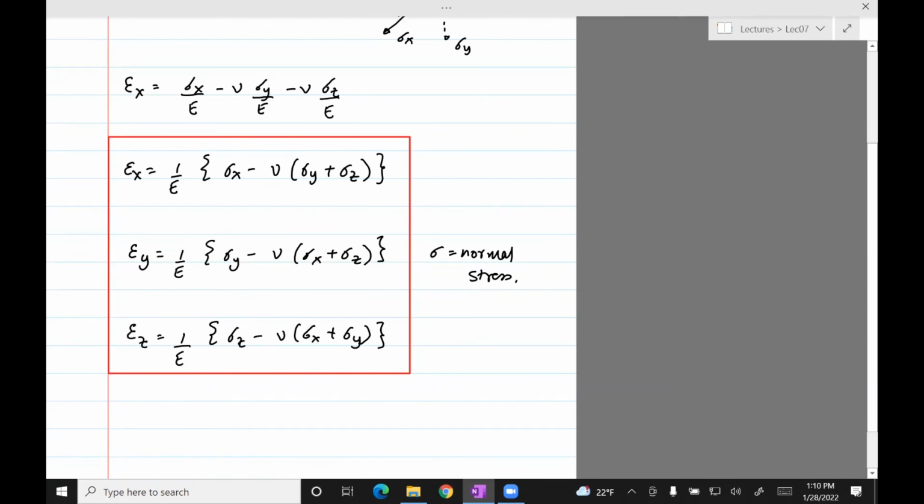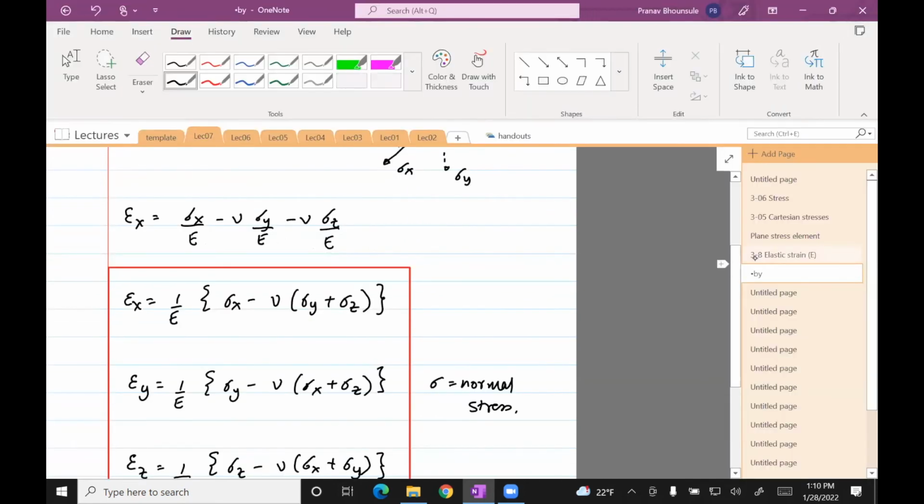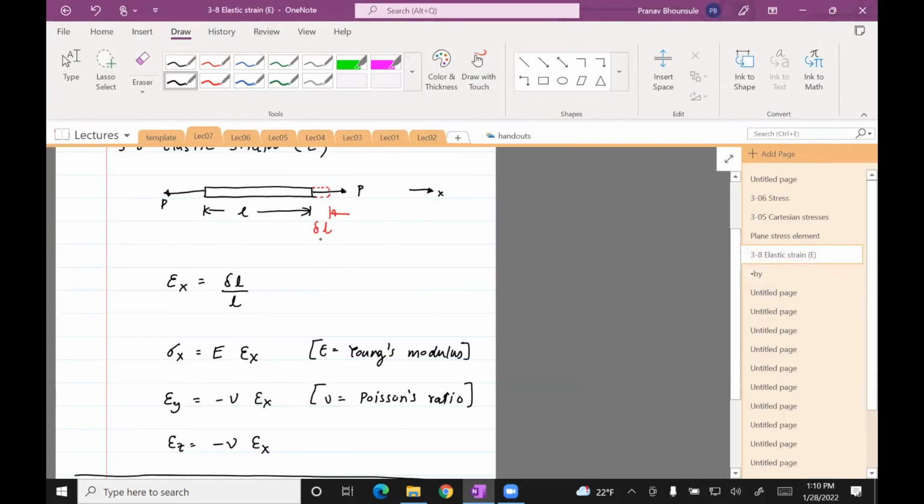The only thing which is different is delta, if that's leading to calculus. This is the only thing. Right, okay. Yeah.